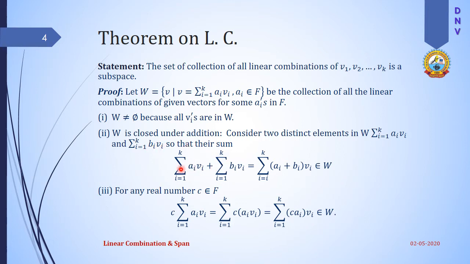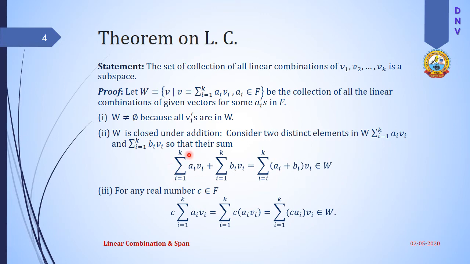I have used the summation notation because I am very comfortable with this, and I hope you will be comfortable with these notations. If you are not comfortable, then you can write it in the form of the total sum a1v1 plus a2v2 plus and so on up to akvk. But it will take much space and much time.